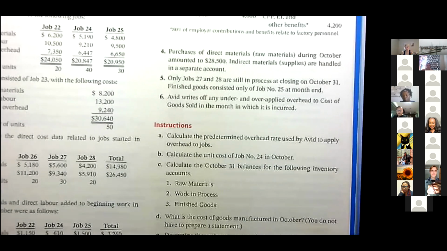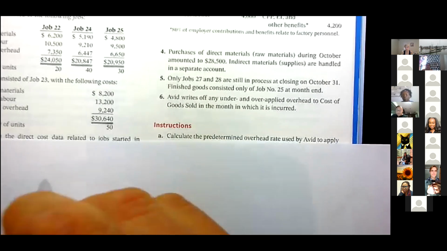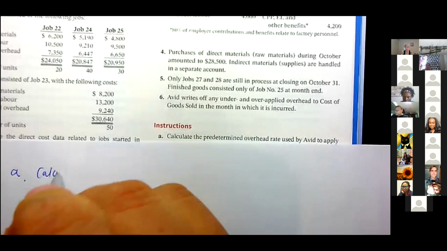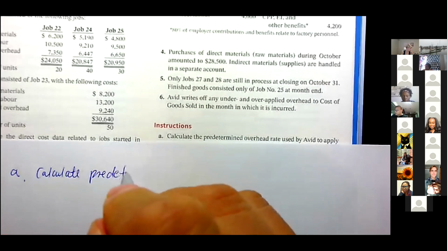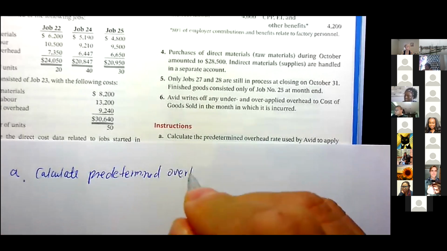Okay, so can you see here? We want to calculate the predetermined overhead rate.